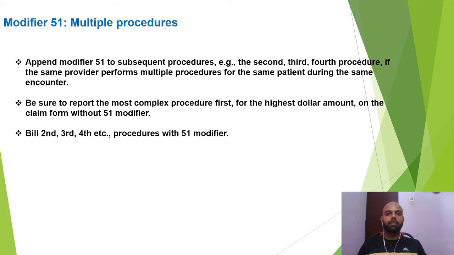They pay less than for the primary procedure. It's called multiple payment reduction. They pay only the intraoperative service for the second, third, and fourth procedures. For the first procedure, insurance will pay preoperative, intraoperative, and postoperative services.